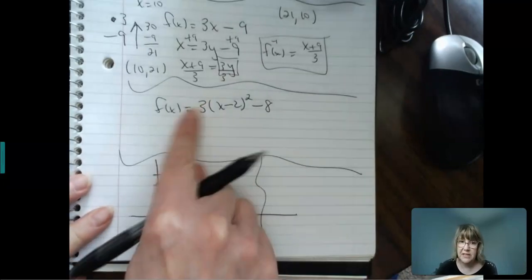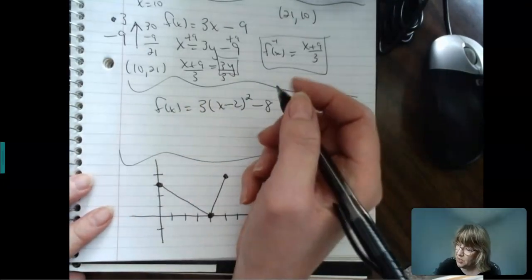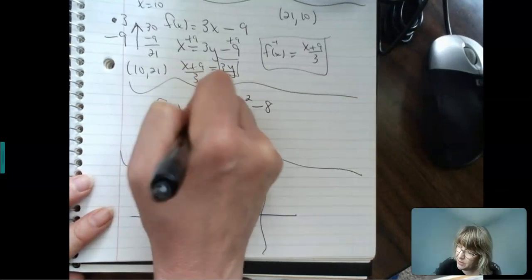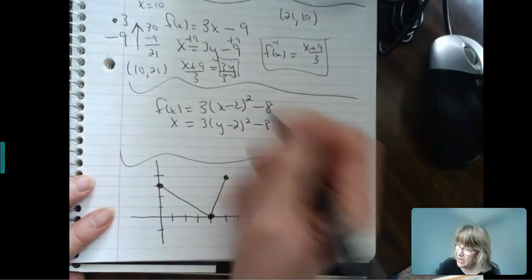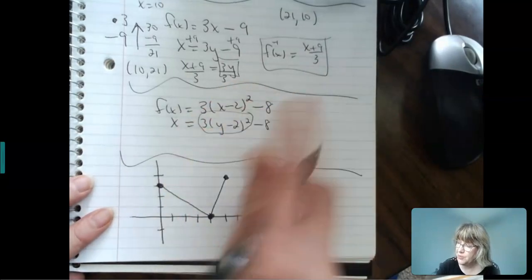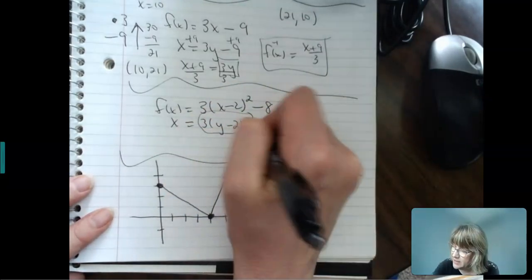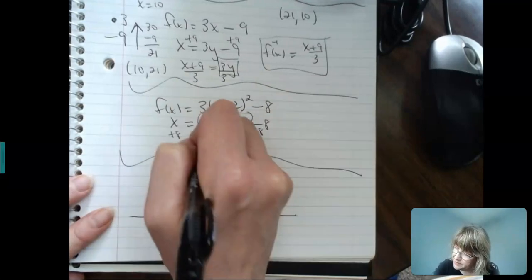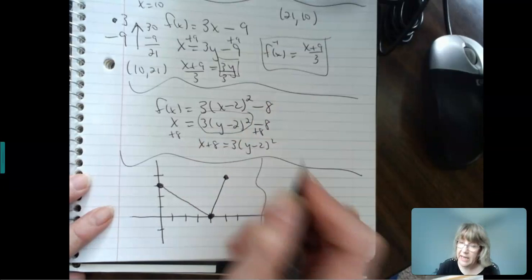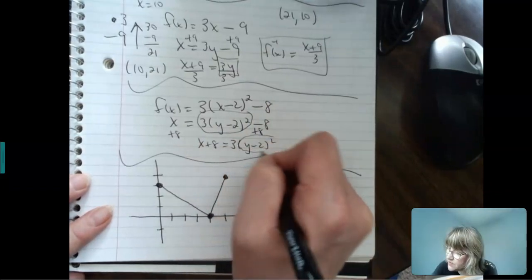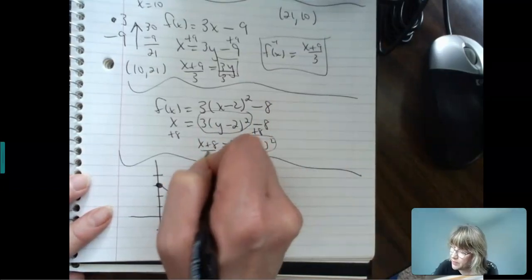All right, let's look at this. I want to reverse this. Okay, so let's see. We're going to put our input there and our output here. All right, isolate the function first. Well, that's a big chunk, so add 8 to get rid of that. Okay, I still want to isolate this function, get rid of the 3, so divide by 3.